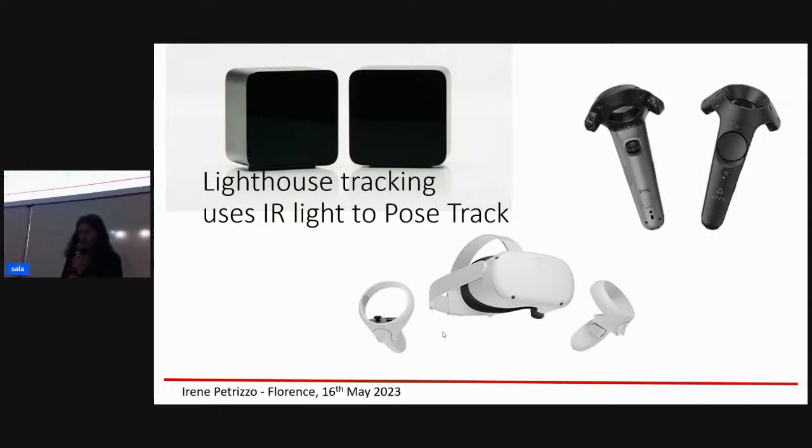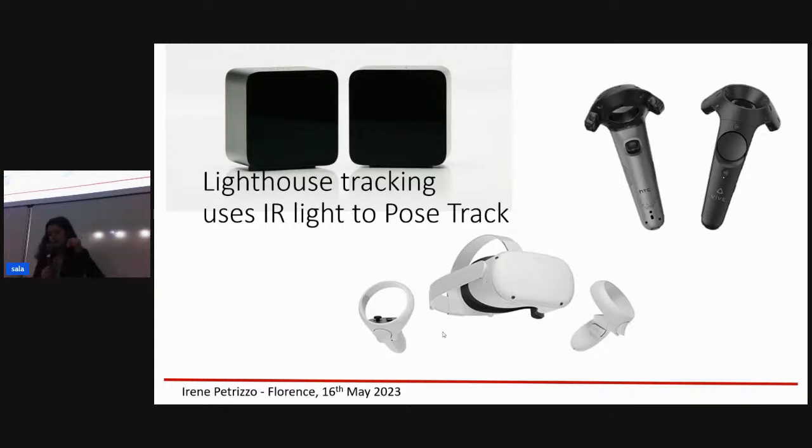This is how these base stations look in real life. This method of tracking is also called lighthouse tracking. On the right, you can see an example of controllers that can be used in the virtual environment. And on the bottom is one of the latest VR visors that has been commercialized, the Oculus Quest.